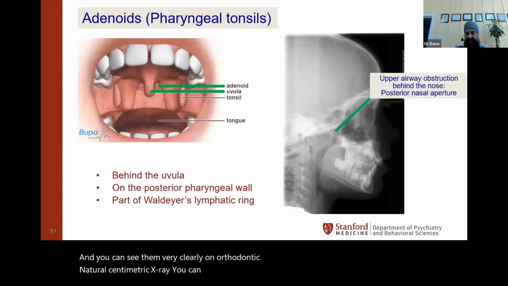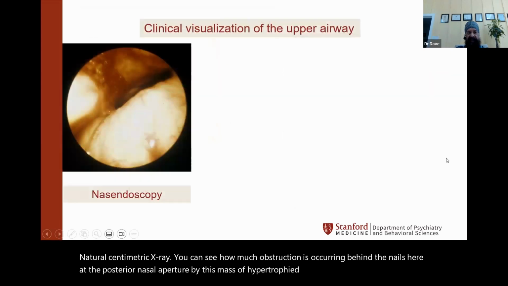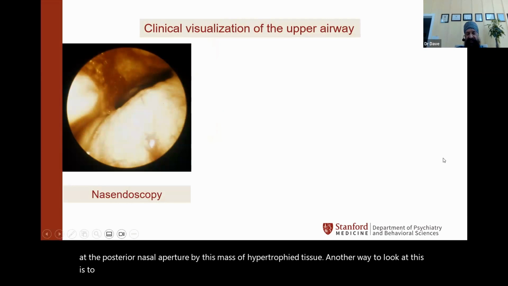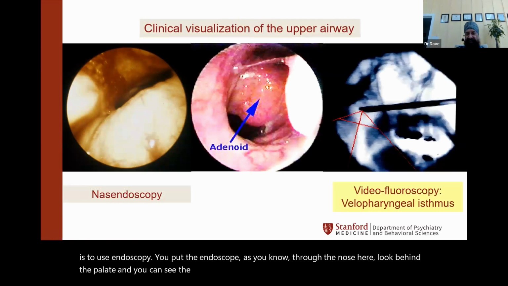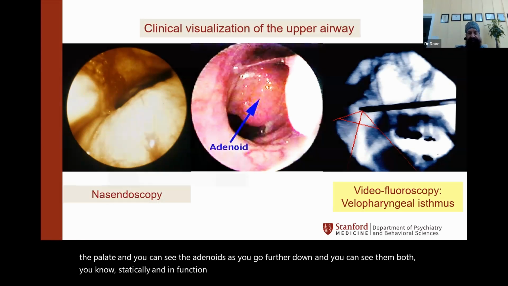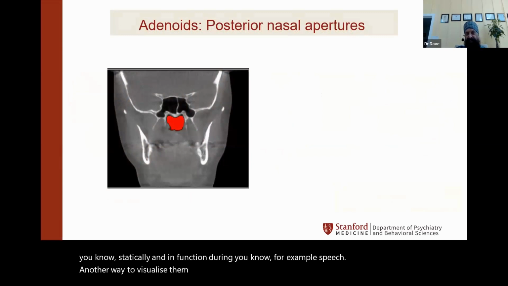You can see how much obstruction is occurring behind the nose here at the posterior nasal aperture by this mass of hypertrophied tissue. Another way to look at this is to use endoscopy. You put the endoscope through the nose here, look behind the palate, and you can see the adenoids as you go further down. And you can see them both statically and in function, during speech for example. Another way to visualize them is to use a 3D cone beam.